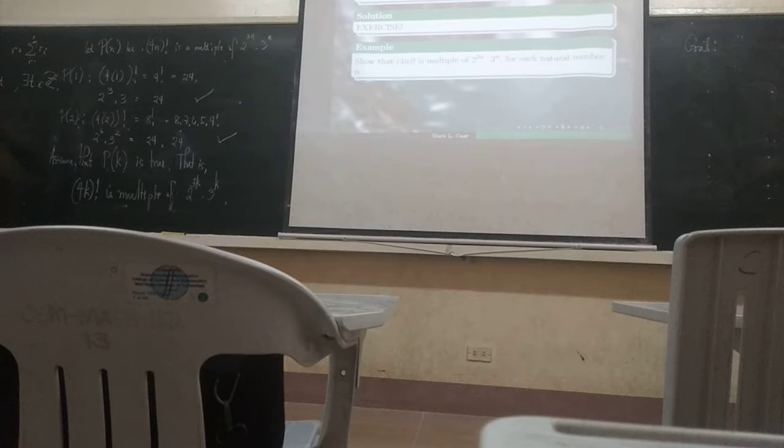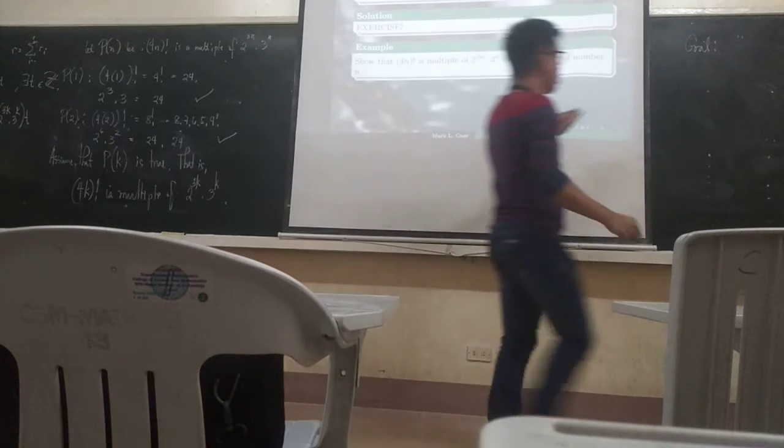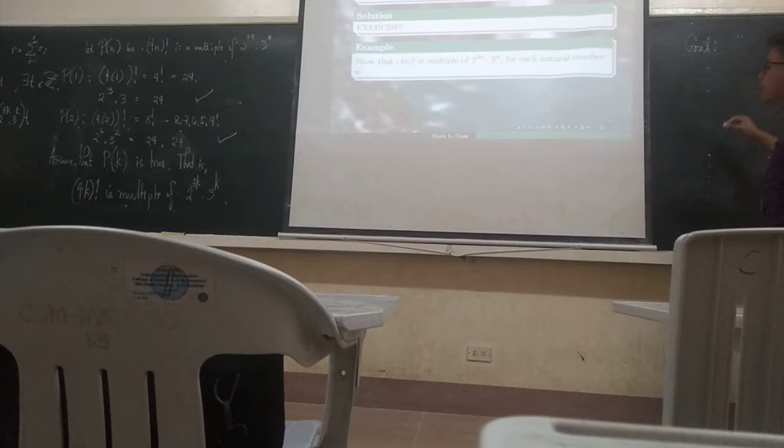So naatay atong goal is show: 4k plus 1 factorial over 4k factorial is equal to 2 to the 3k plus 1 times 3 to the k plus 1 times Q. Multiply, yun na Q naman na, or some Q.